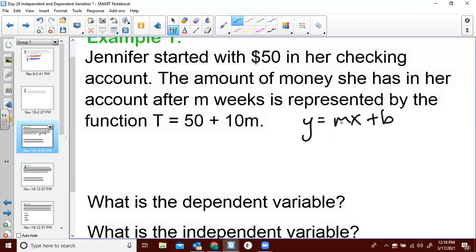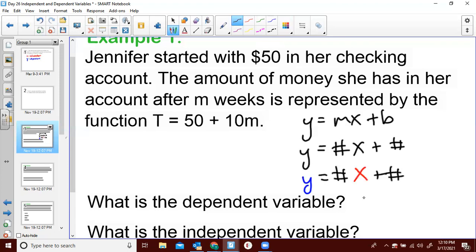Our m is our slope, which we'll get into in the next section, and our b is our y-intercept, but these are going to be represented by numbers. So I can almost rewrite this as y equals a number x plus a number.